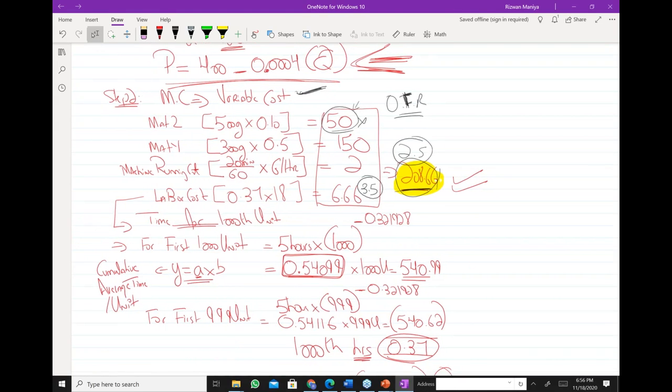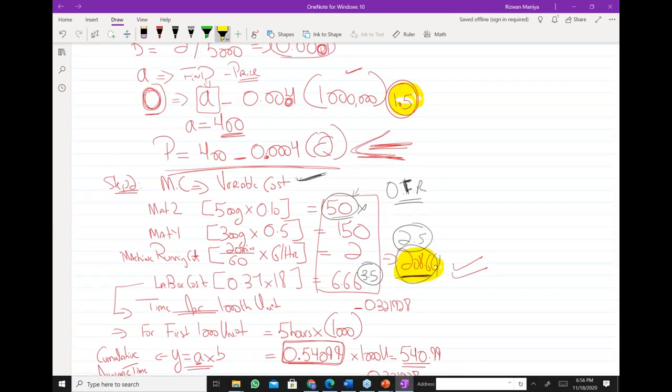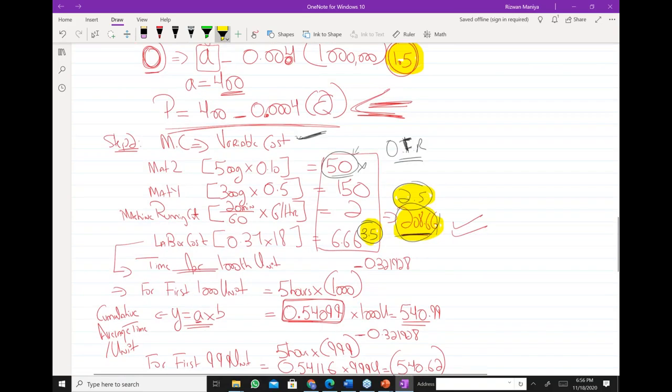Now let's move towards the marking scheme. So 1.5 marks for demand function, 2.5 marks for marginal cost, 3.5 marks for the labor working. So if I add these, this makes 7.5 marks, right? Now, what about the other marks?